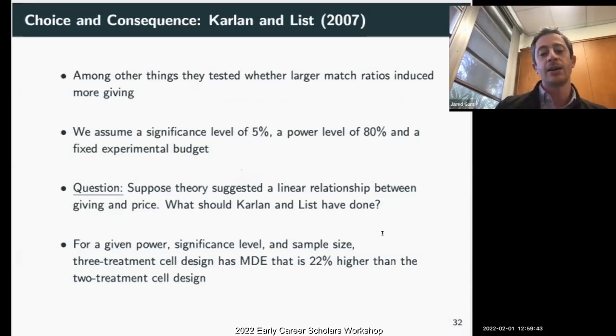Because they had higher costs, they had to allocate part of their sample to this 2:1 treatment, and that actually increased their MDE significantly. Or put another way, the 3 treatment cell design requires about 50% more observations than the 2-treatment design.